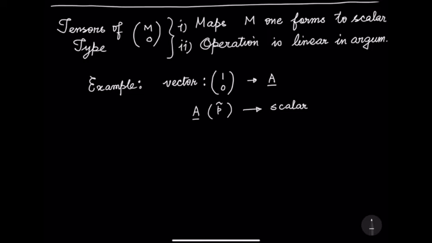How do I get the components? So this is the operation or mapping. How do I get the components? So what we are doing here is exactly opposite to what we did for the one forms. So here I have to put in the basis one forms. So this will give me A alpha.